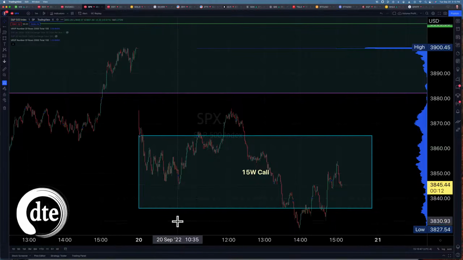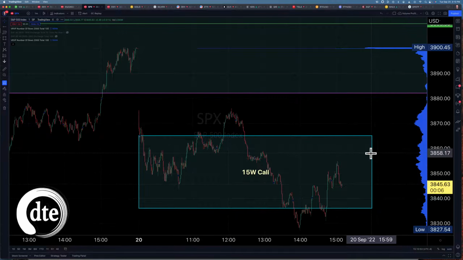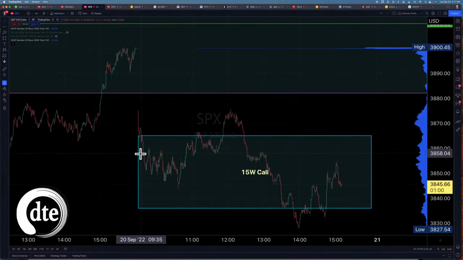This box represents the width of the fly, and the right-hand side represents the end of the day, 1600 hours or 4 o'clock. I put it on almost right after the market opened at 9:32.